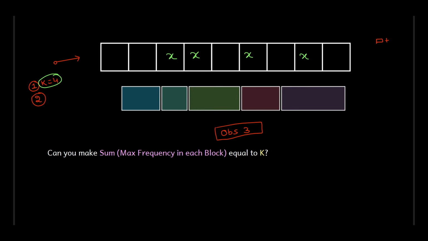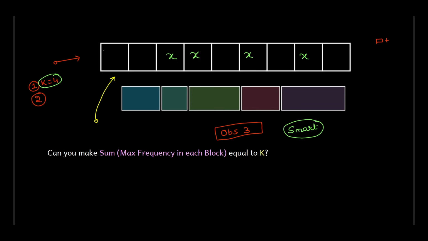Now can you do a smart construction and figure out at least one more K that should also be possible? I don't really have a good justification for this, because this kind of intuition you can only build by solving a lot of these kinds of problems. That's why I have uploaded a video on this. And that intuition is simply, a lot of you must have already found it, that you can give this element its own block.